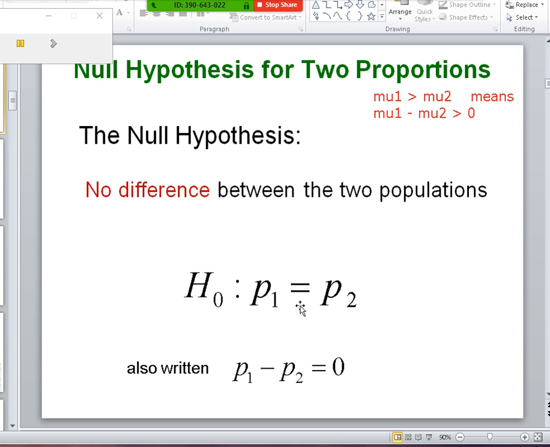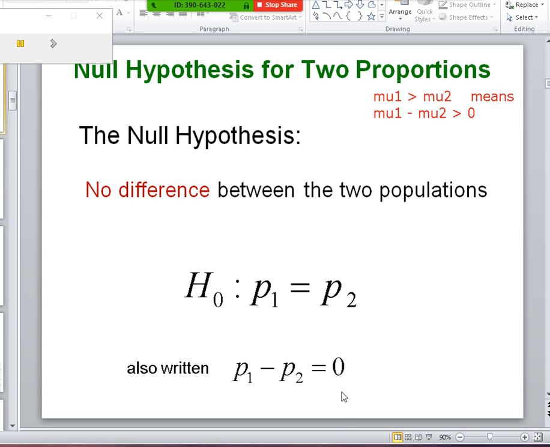So we've written them before like this. You understand what I'm saying? But you could also have written it like this, P1 minus P2 equals 0. Does everybody get that? These mean the same thing, because if they're equal and you subtract them, you should get 0.